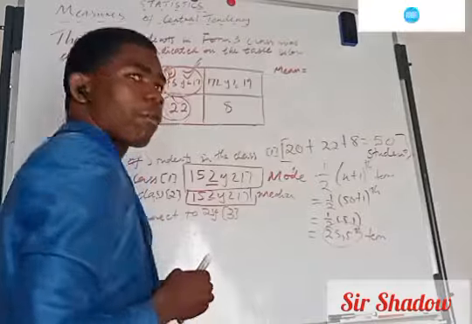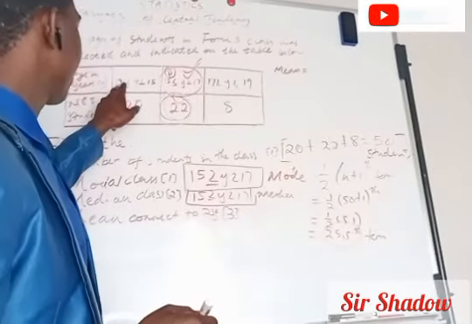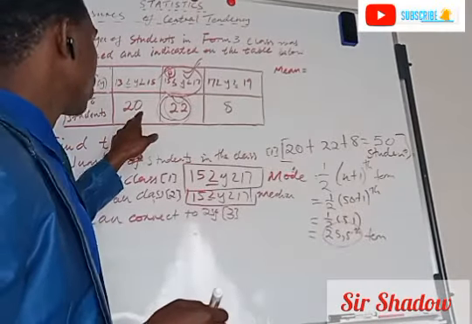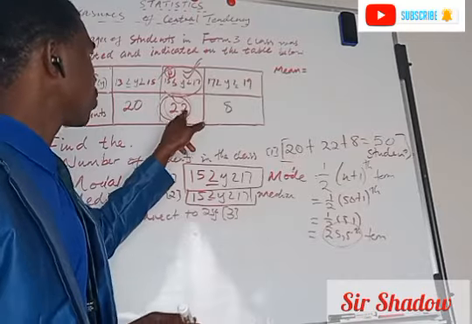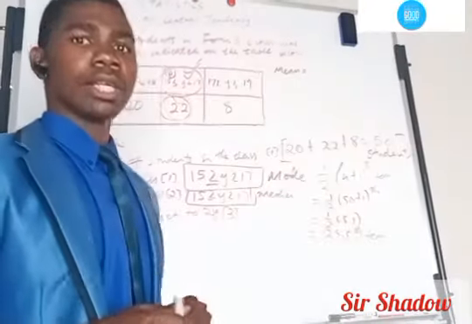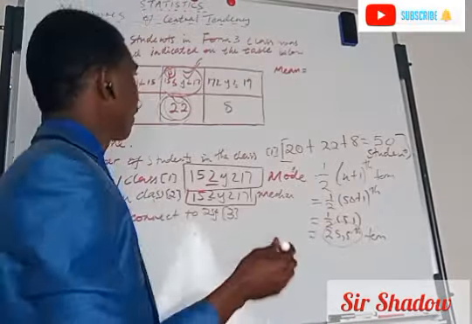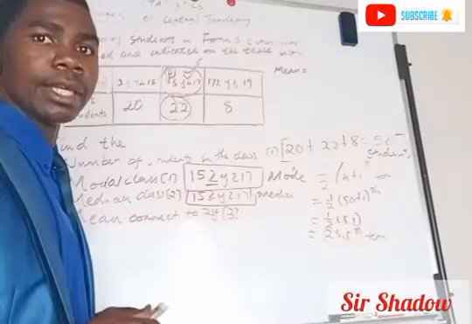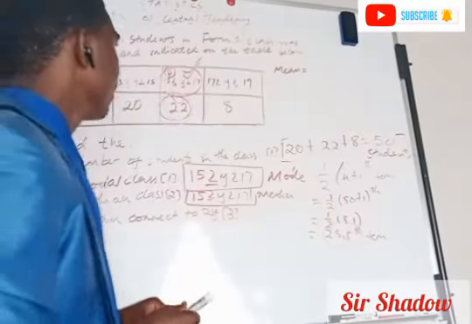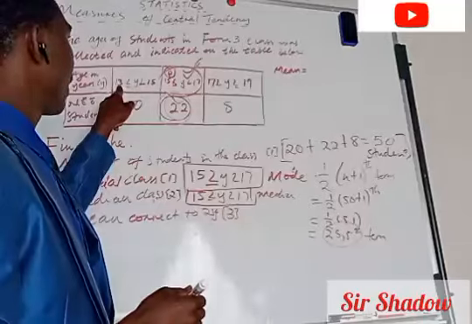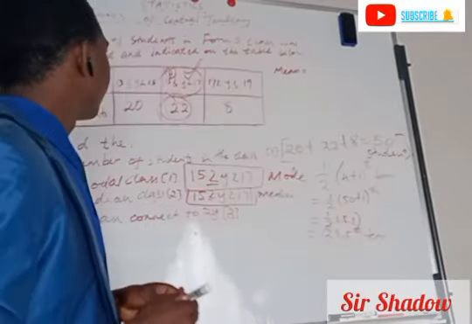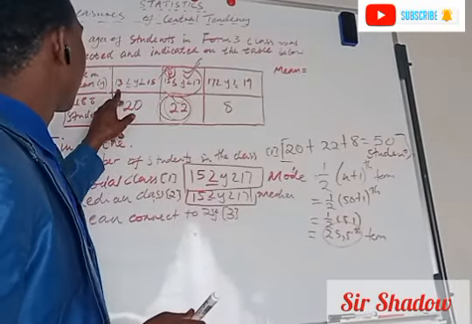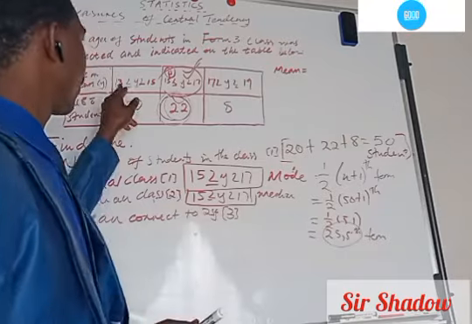We are given 13 to 15 is 20, 15 to 17 is 22, 17 to 19 is 8. Then for us to find the mean, we have to find the midpoint of these two values.